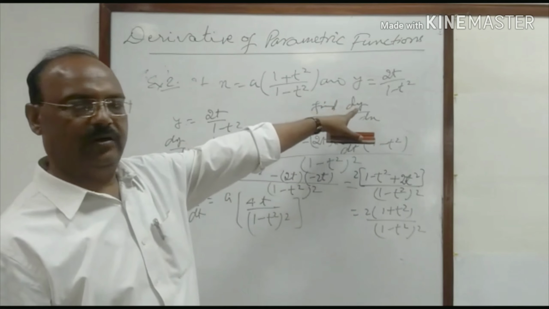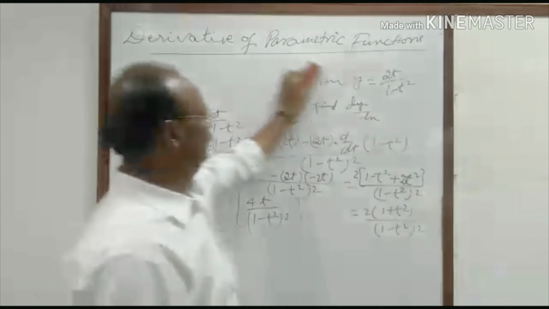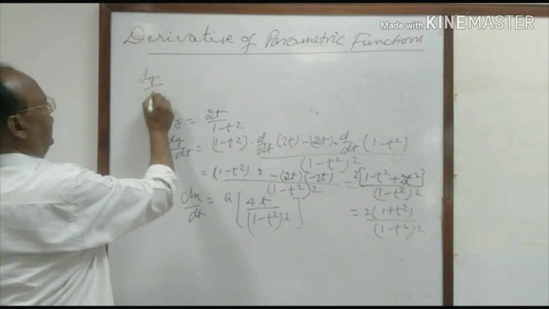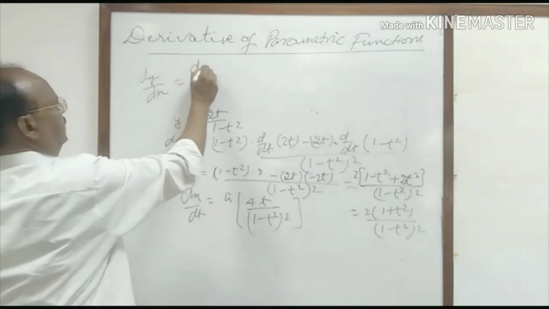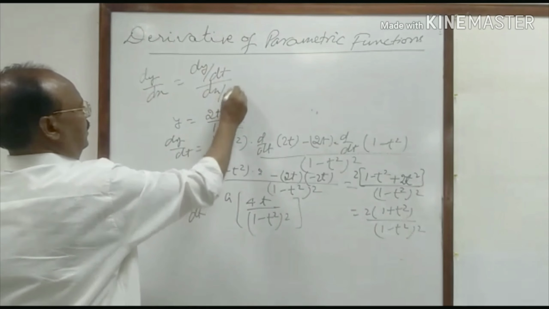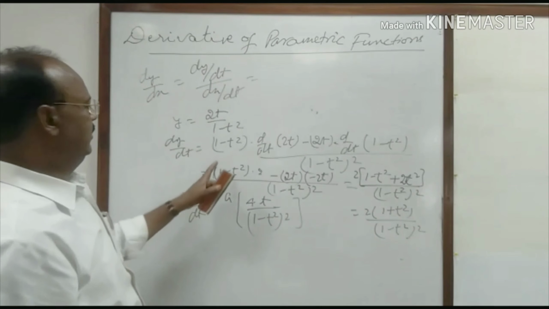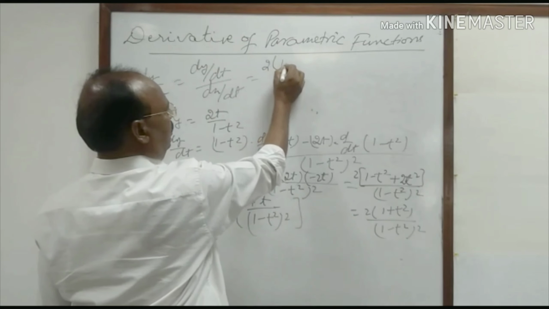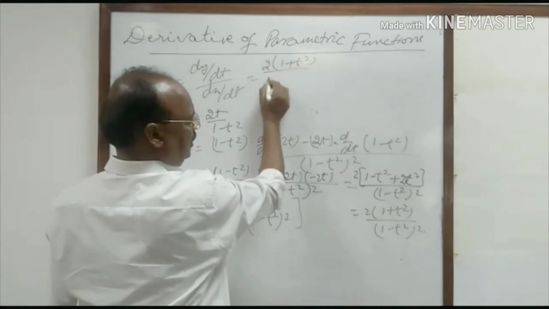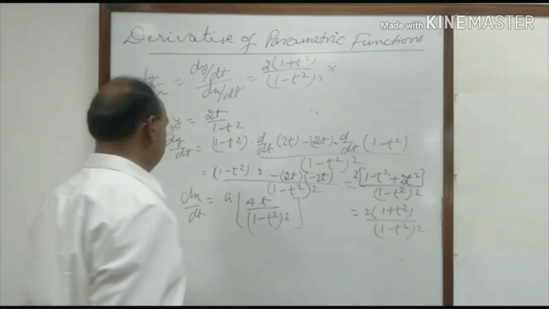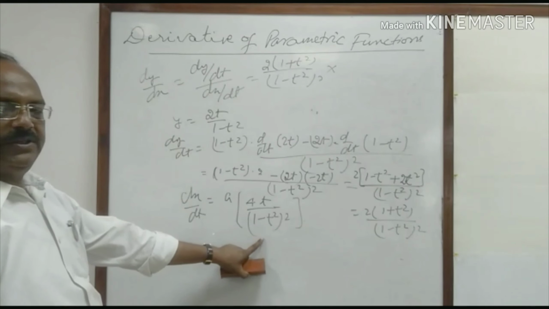Now we have to find dy by dx. We can find it easily, as dy by dx can be written as dy by dt upon dx by dt. And dy by dt is this much, 2 (1 plus t square) upon (1 minus t square) whole square, and dx by dt is this much.